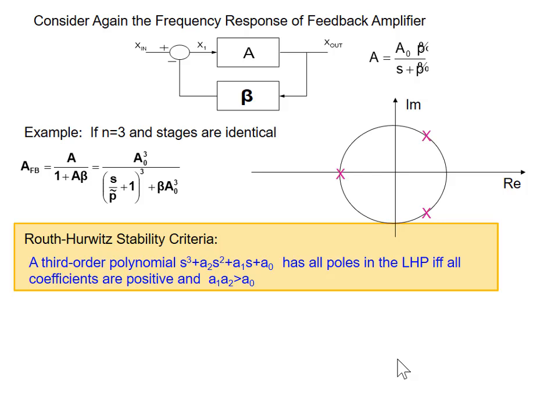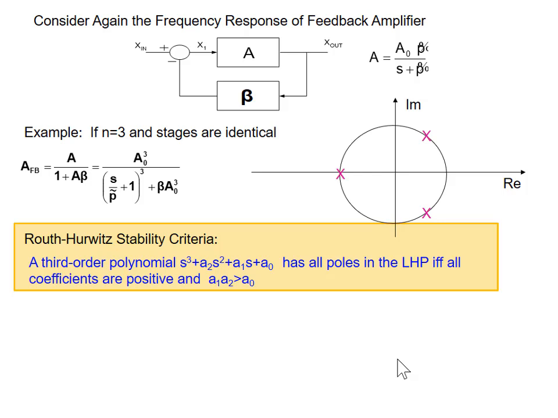So is there a way we can determine if an amplifier is stable without going and finding the roots? Is everybody familiar with Routh-Hurwitz criteria? Everybody's familiar with it? Okay. So if we have a third order polynomial, all we have to do is look and see if all the coefficients are positive. I've written it in monic form, so the lead coefficient is 1.